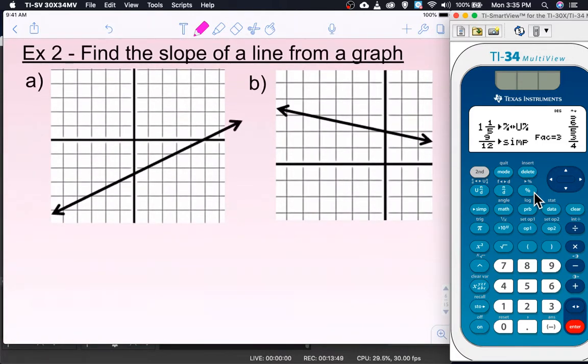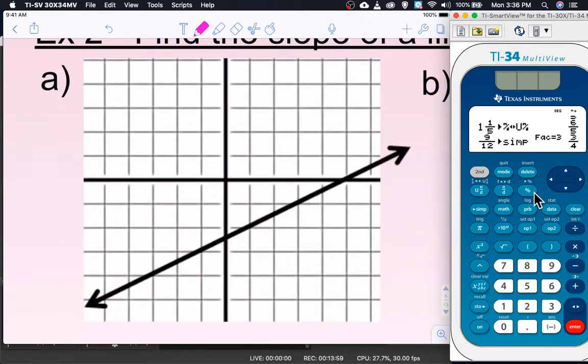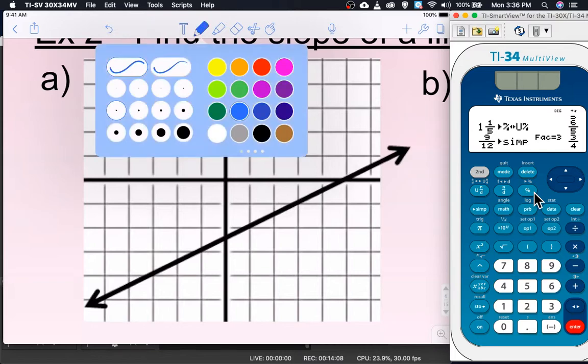So now, let's actually start getting that idea of slope and getting some pictures put to it. So we're going to find the slope of the lines you see here. So we're also going to come up with a number, that same sort of fractiony number we were coming up with a second ago, but now we're going to do it from a line. So here's how this works.